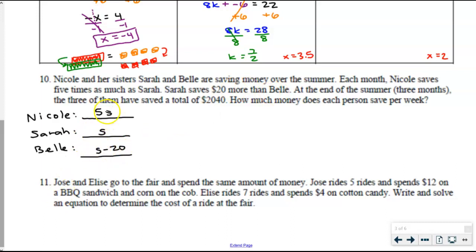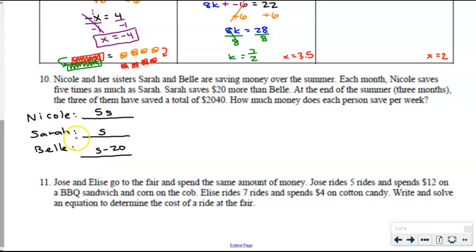So now I have related all of these 3 amounts together by using that same variable instead of trying to use different variables. Nicole is 5S, 5 times what Sarah has. Sarah is just what Sarah has, but then we can relate what Belle has to what Sarah has by going less by 20. This is really important to your success.